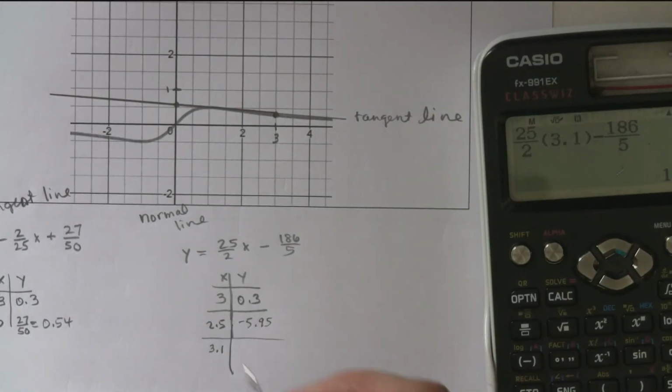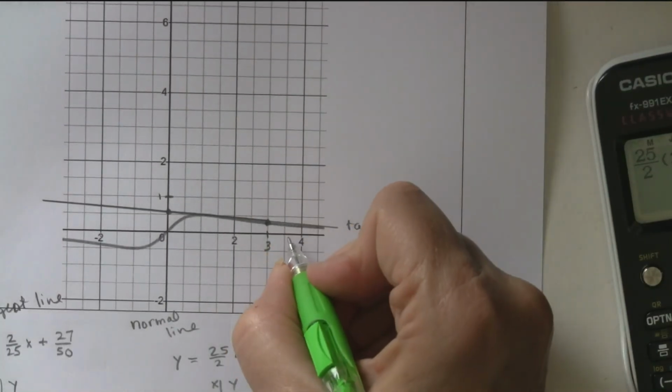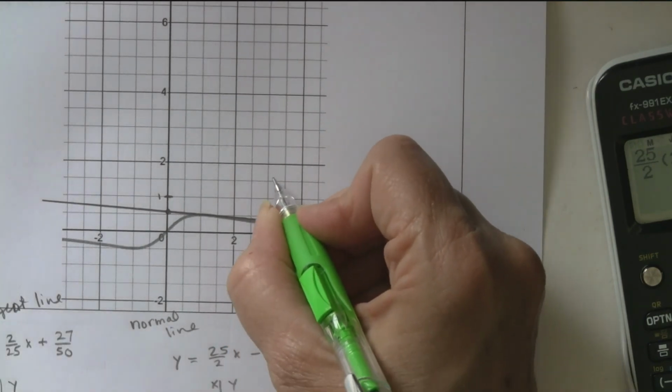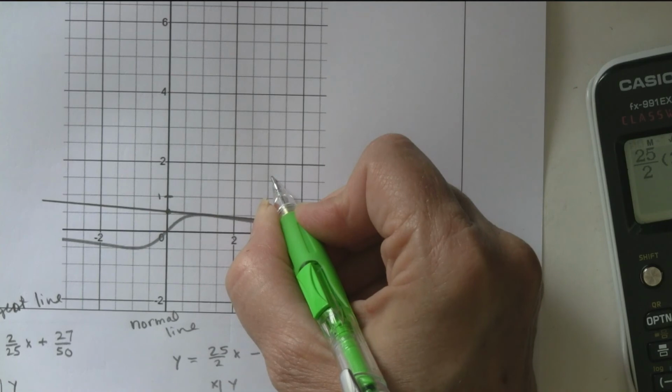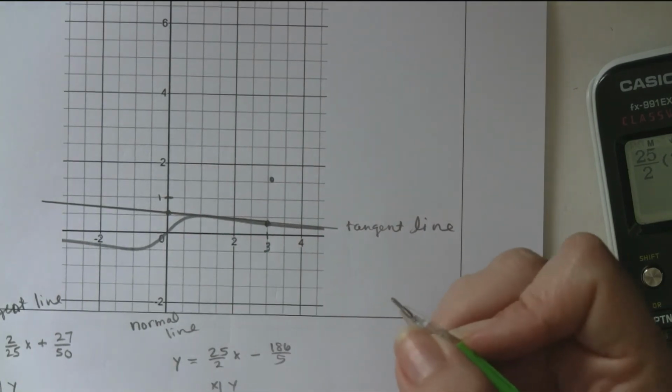So that's 1.55. So 3.1, this is 3.5, so 3.1 is somewhere here, and 1.55. So this is 1.5, the height for it, so 1.55 is somewhere right in there. Of course, my dot's so big.